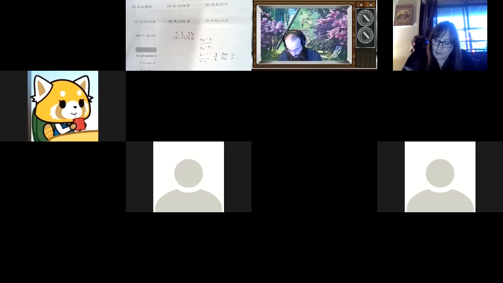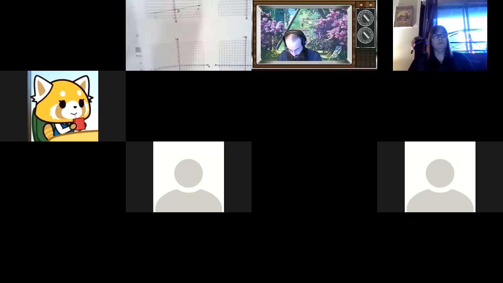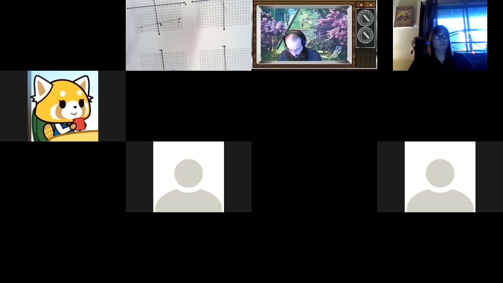So we grab our handy dandy graph, and I'm going to pick 4 and 2 because it doesn't matter which one you pick. So over 4 up 2, there's 1 coordinate. Our slope is 3/2.